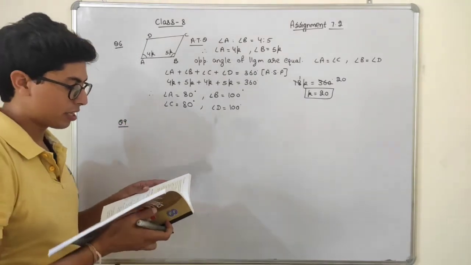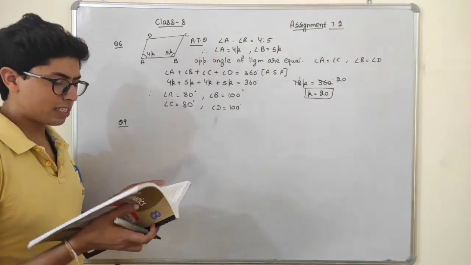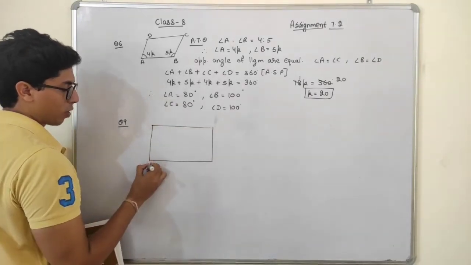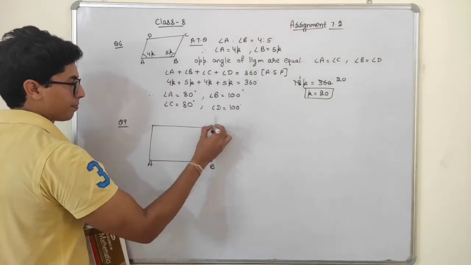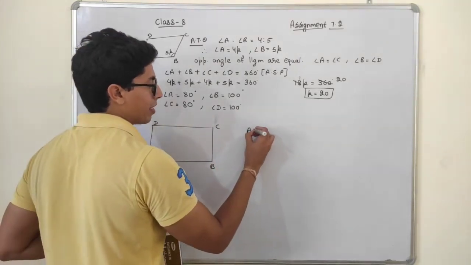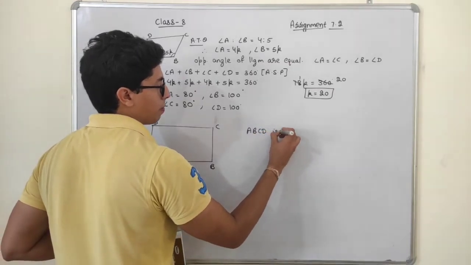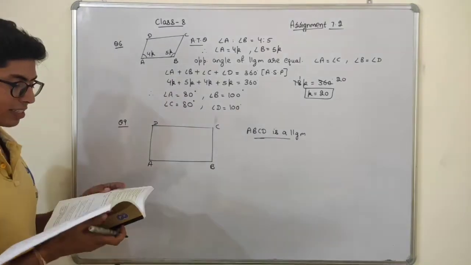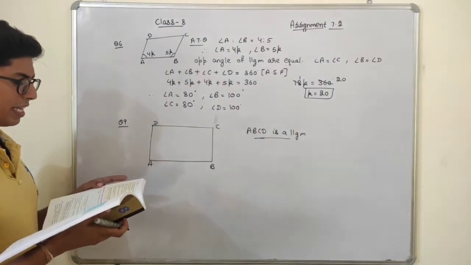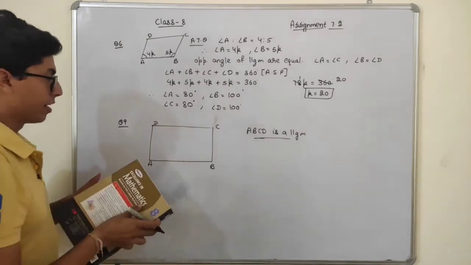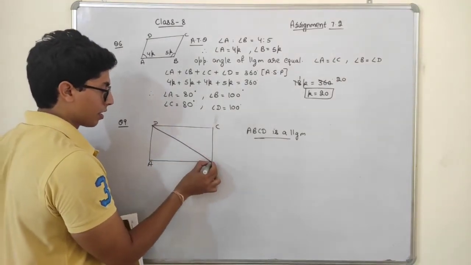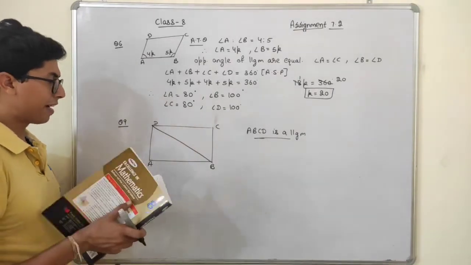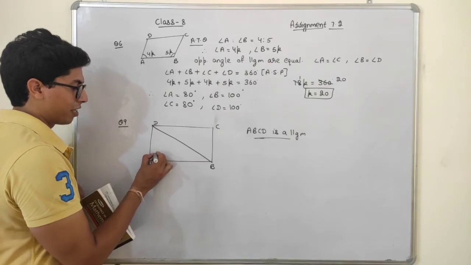See, in question number 9, a figure is given that ABCD is a parallelogram. Take this ABCD as a parallelogram. The next thing is, if angle DAB is equal to 85 degrees, this is 85 degrees, students.